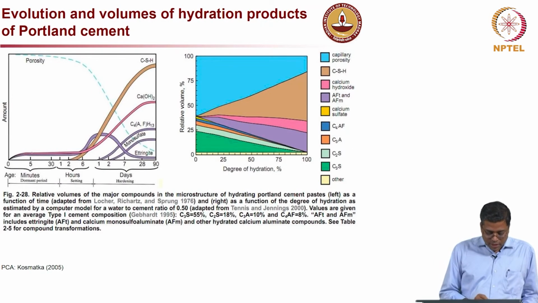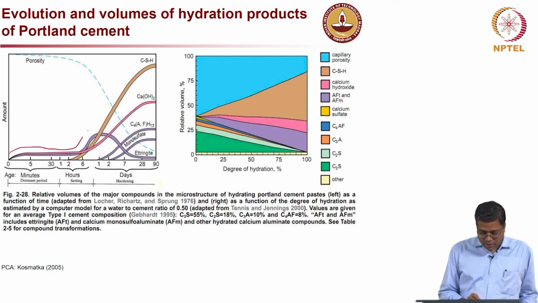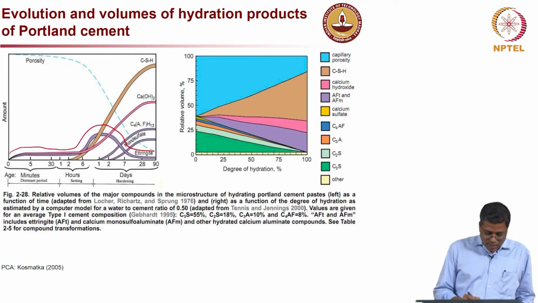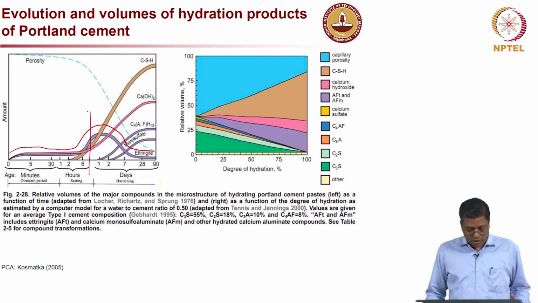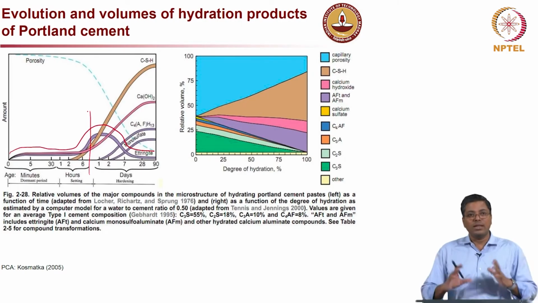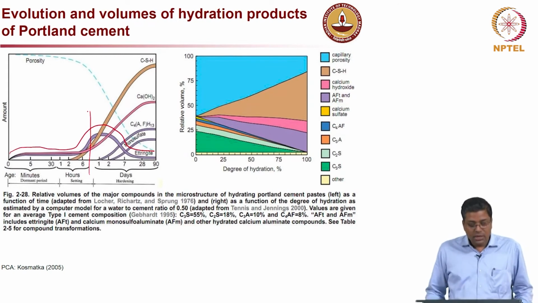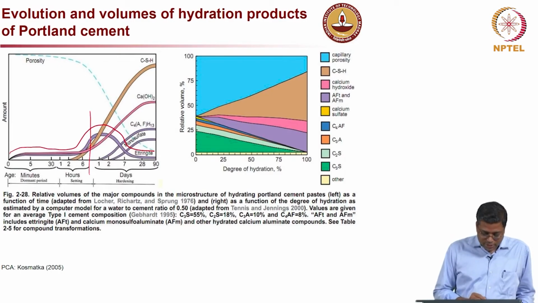So, here you can see this curve, which goes like this, that is the curve for ettringite formation, and you notice that after a few hours, once the concrete is mixed, there is an increase in the amount of ettringite formed, and they occupy their space because at that stage the concrete is still somewhat plastic, so they can occupy that space, and it is not completely hardened or set.